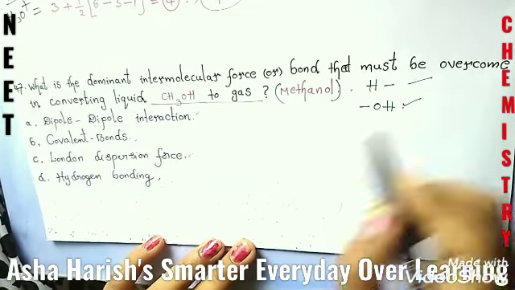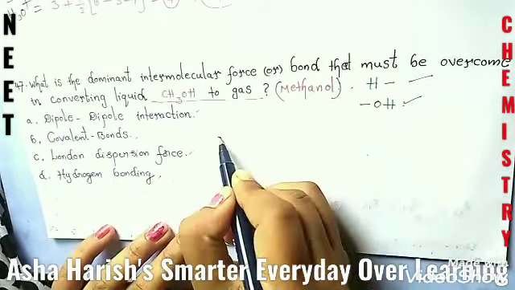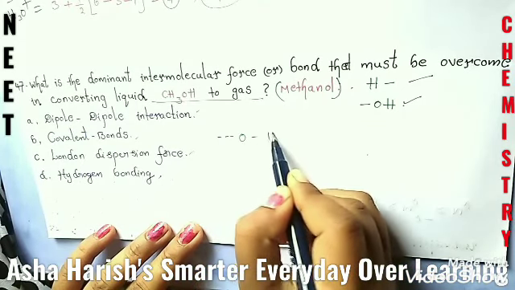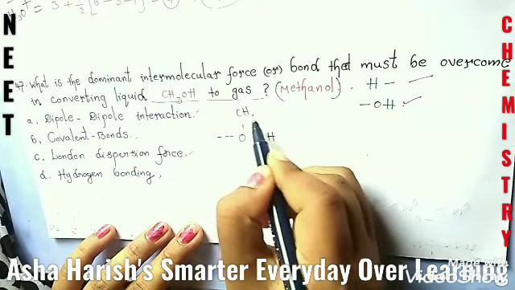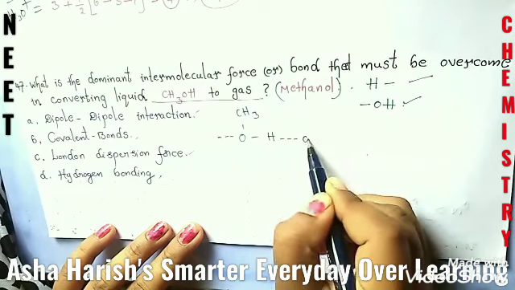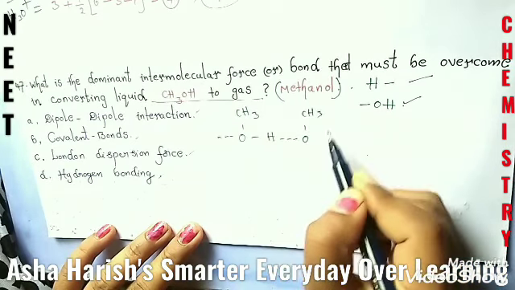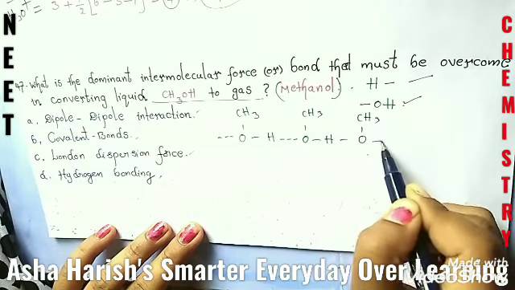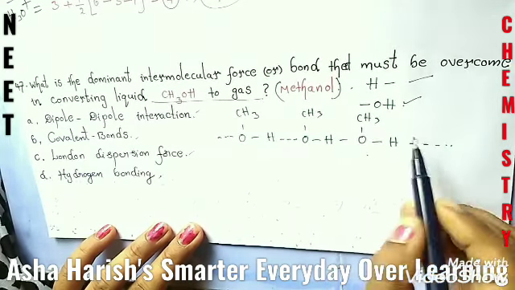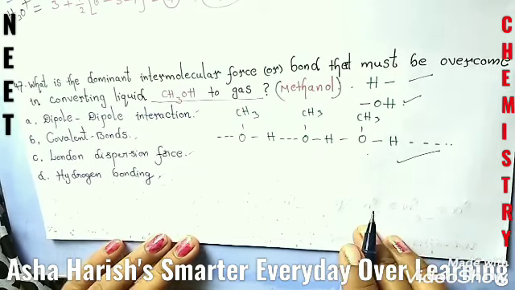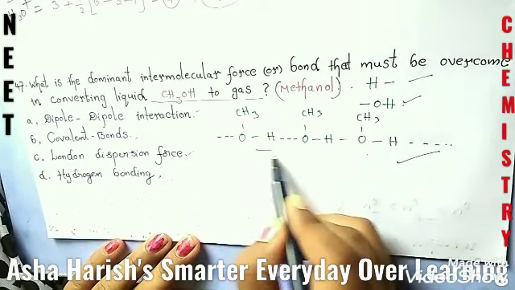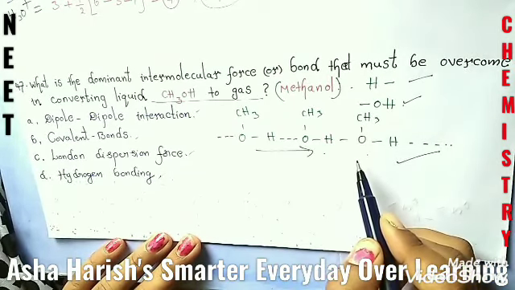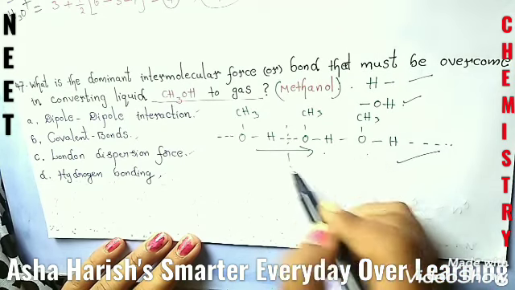Students, here you have to see the structure for this OH, here CH3, O, H. As a result, in order to convert liquid CH3OH to the gaseous state, the strong hydrogen bonds must be broken.